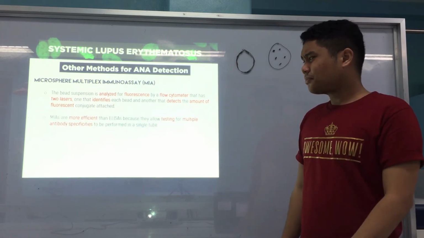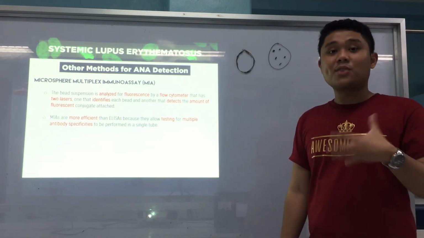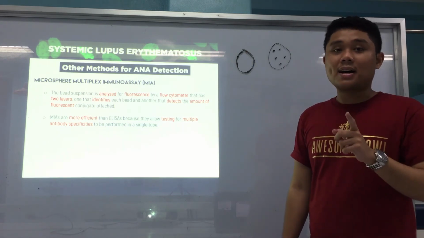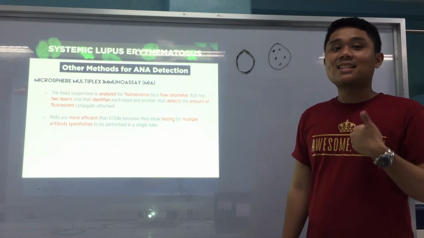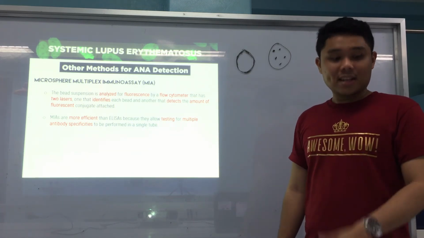Okay, alright. And they are more efficient than ELISAs because they allow testing for multiple antibodies. Usually for ELISAs, it's for one type of antibody only. For MIA, it detects multiple antibodies to be performed in a single tube, right?